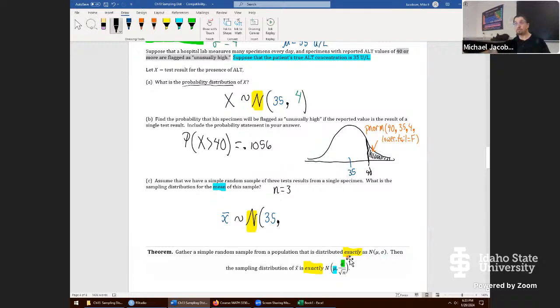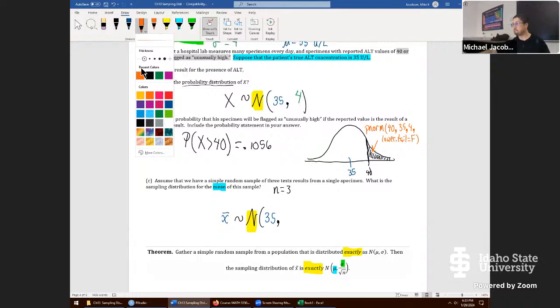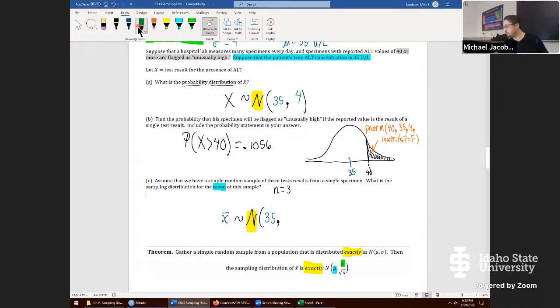Next, we take sigma, which is 4. Let's throw it in about right here. And this is the new step. Because we're talking about X bar, because we have multiple observations we're working with, 3, we use this part of the theorem and divide by the square root of 3 right there.